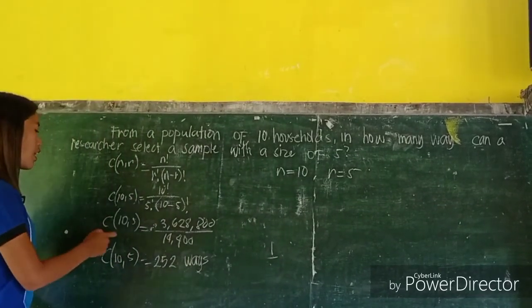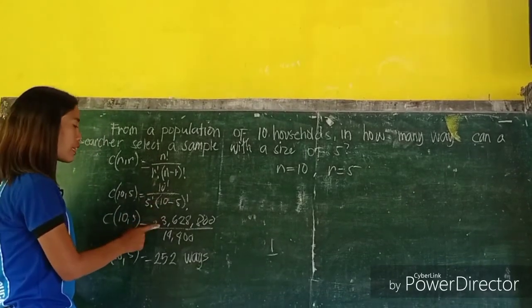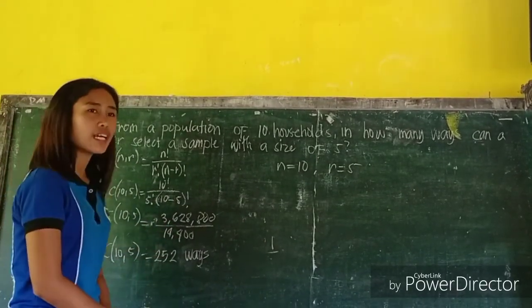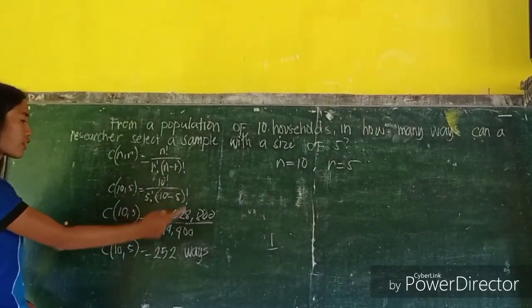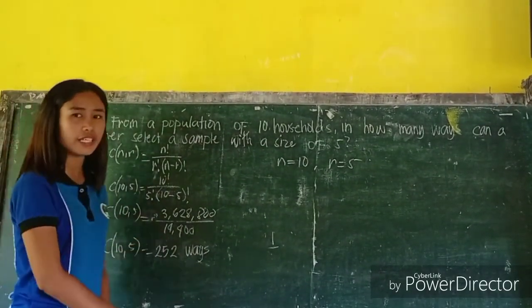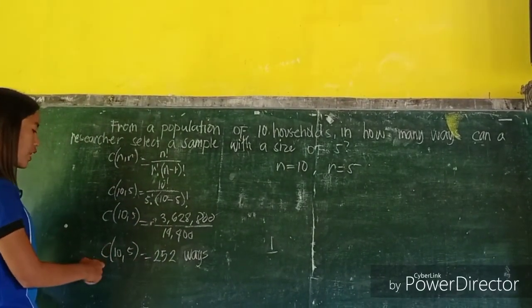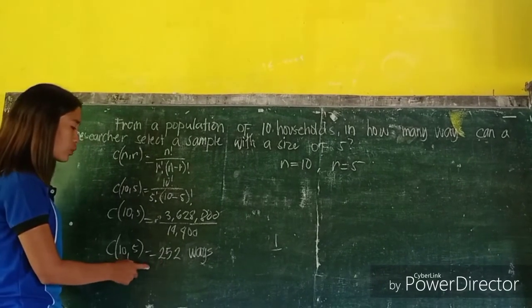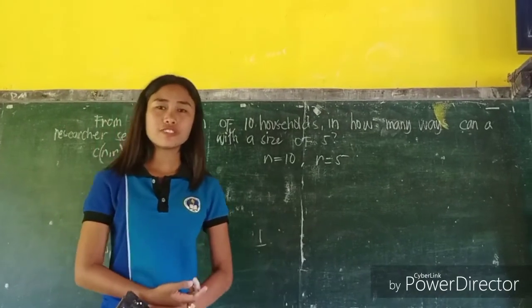So, combination of 10, 5 is equal to 10 factorial, which is 3,628,800, over 5 factorial times another 5 factorial, which is 14,400. So by dividing these two numbers, combination of 10, 5 is equal to 252. So we have 252 ways. Let's talk now about the difference between combination and permutation.